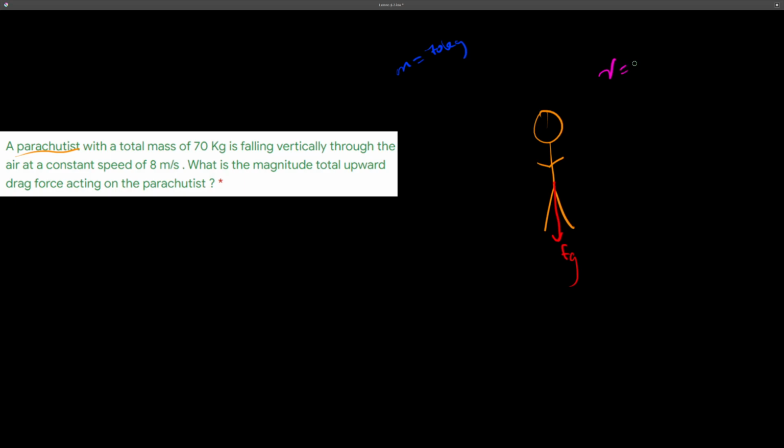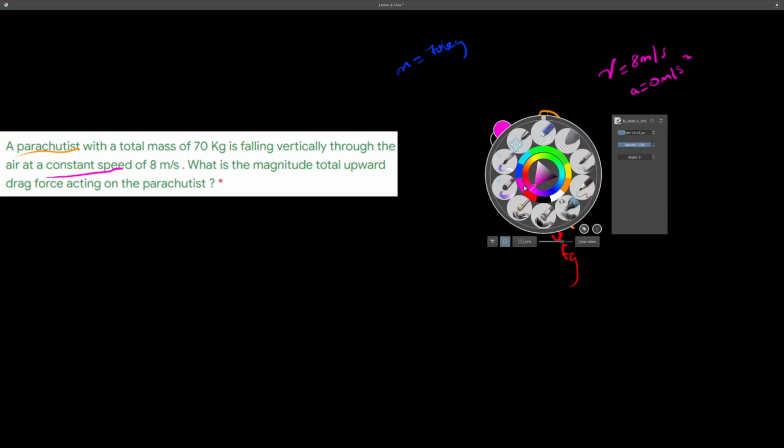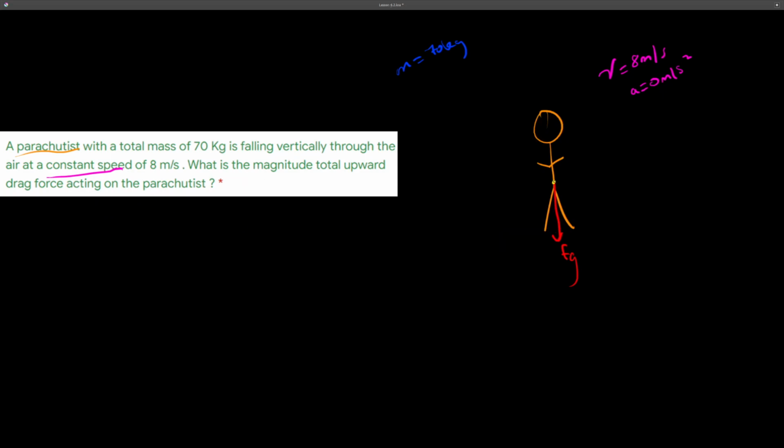Wait. It says he's falling at a constant speed, meaning that the acceleration is also 0. So what is the magnitude of the total upwards drag force? So it wants to know the drag force acting on it. So Fd. D is for drag force.